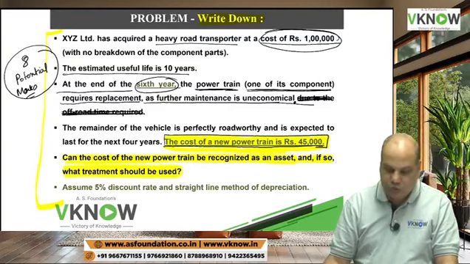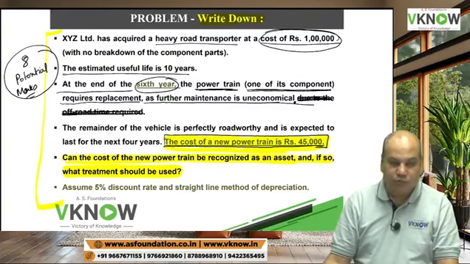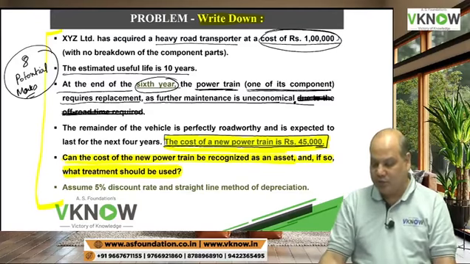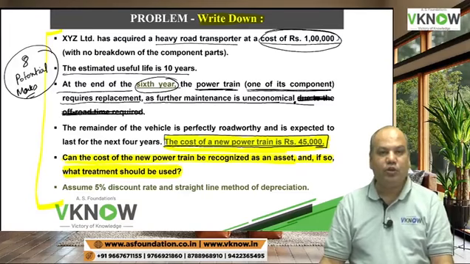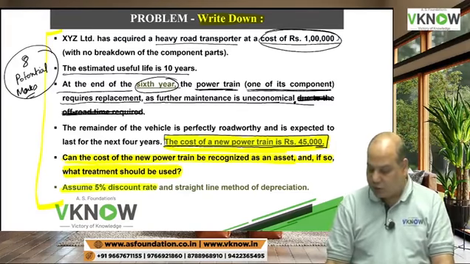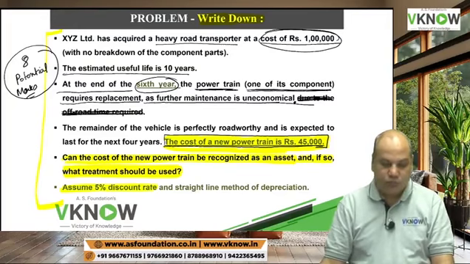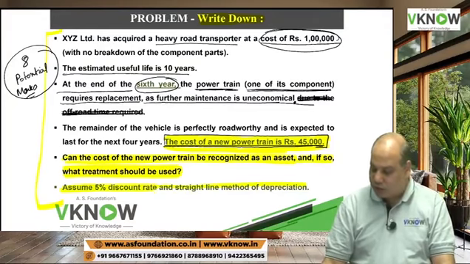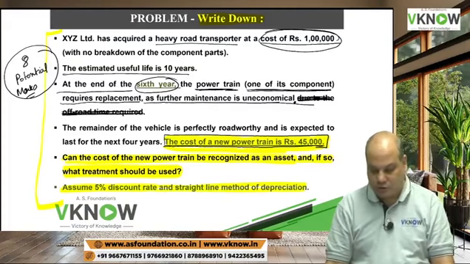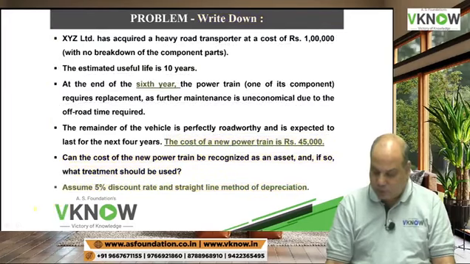So you have to answer that the old part will be de-recognized and the new part will be recognized. But then you have to do the calculation of the old part's carrying amount. Assume 5% discount rate and straight line method of depreciation. I hope all of you have noted the question.